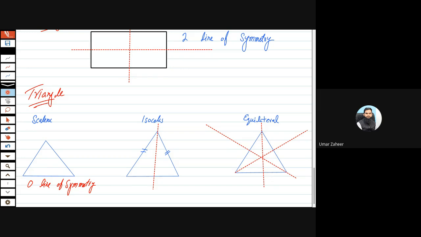So this means that here we have three lines of symmetry. Here we have one line of symmetry.